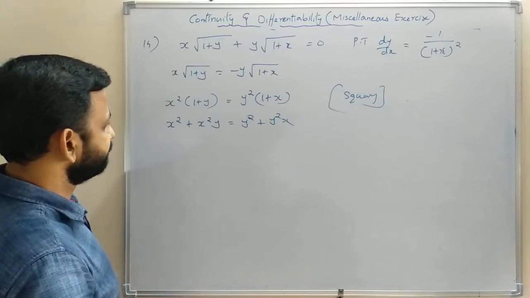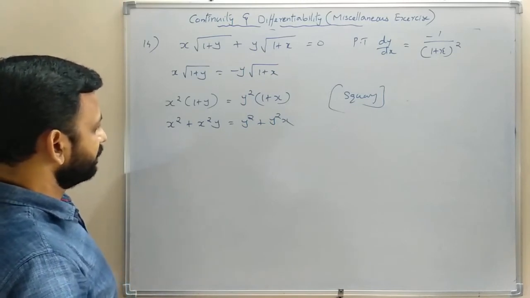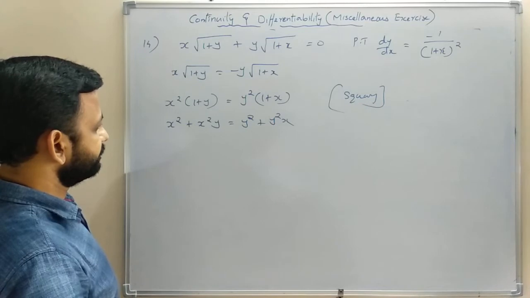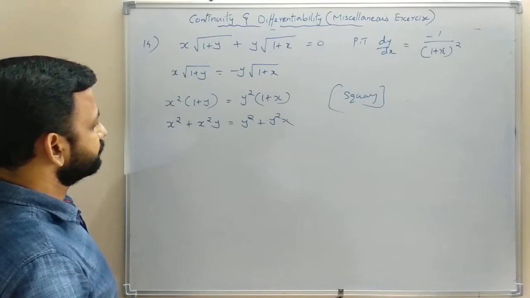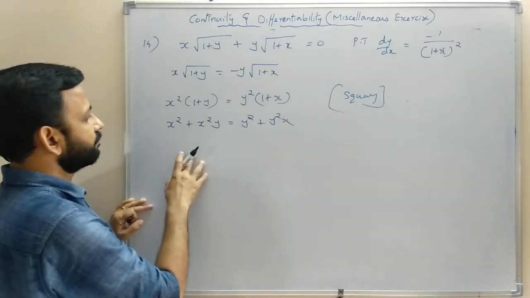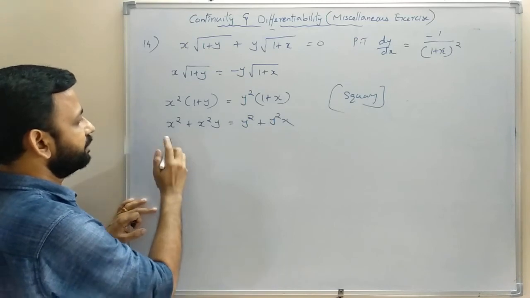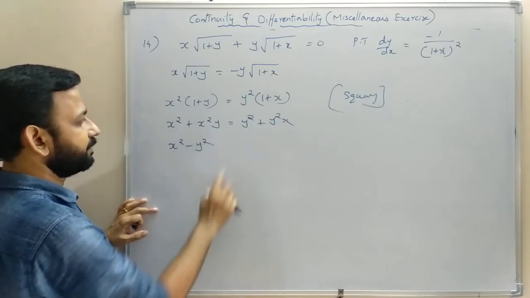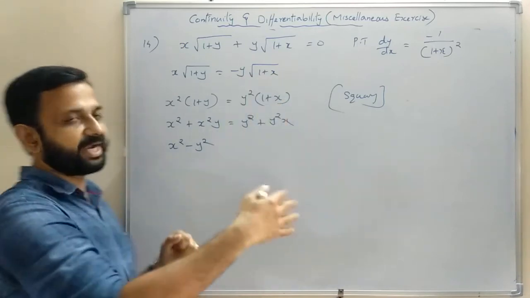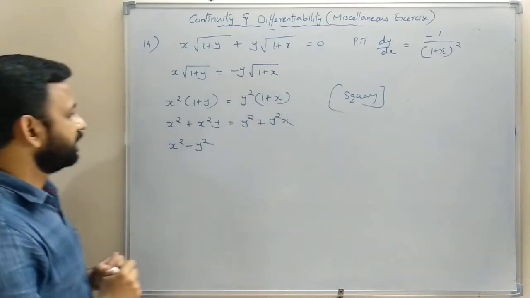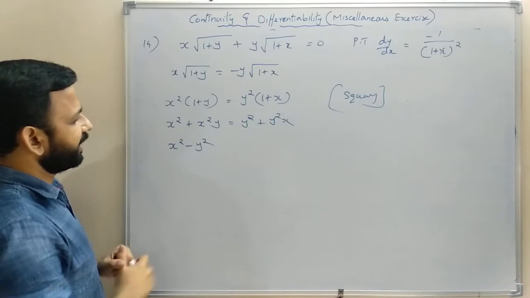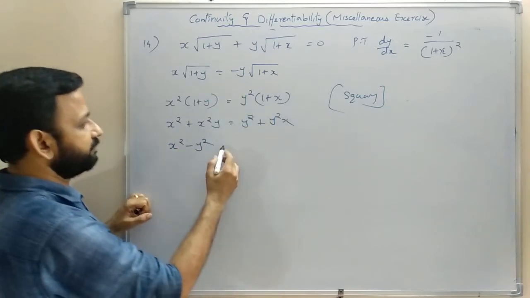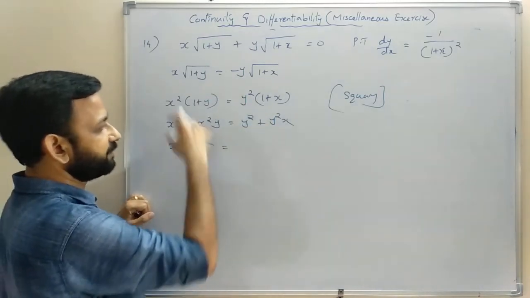Now we can write that is x square minus y square. y square we can take, both the terms we can take from right to left, or we can take y square from right to left, then this term from left to right.